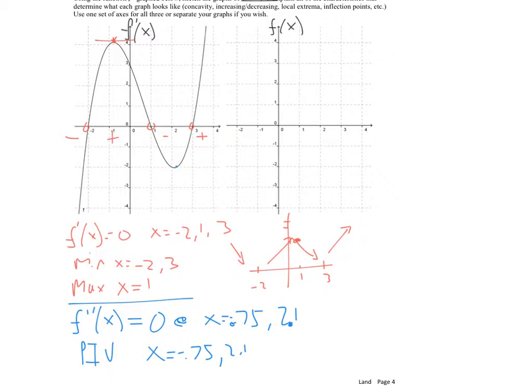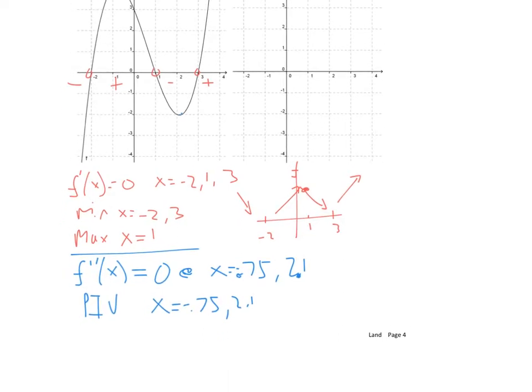We know that it's going to be concave up. Let's talk about concavity here. Okay, so we know f is going to be concave up. Okay, when do we find concave up? Well, we find concave up when the derivative is increasing.